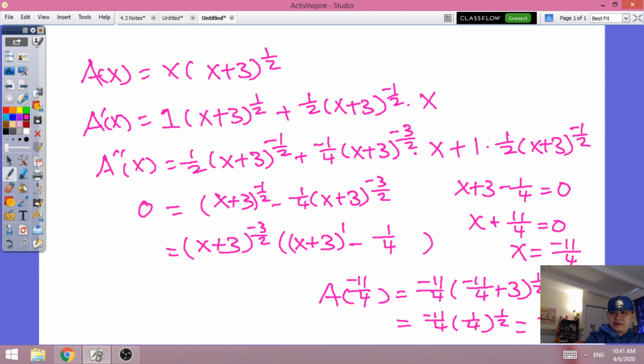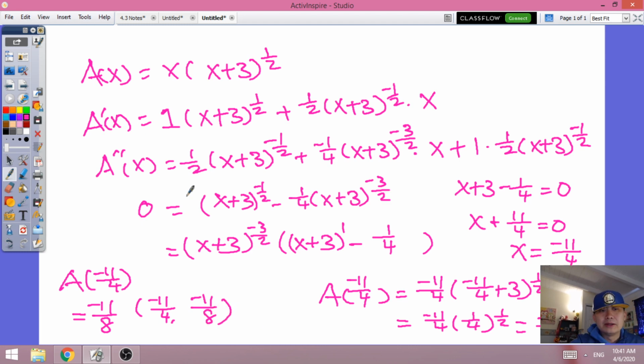So negative 11 over 4 times 1/2 gives you negative 11 over 8. So a of negative 11 over 4 is negative 11 over 8. That's the point of inflection.